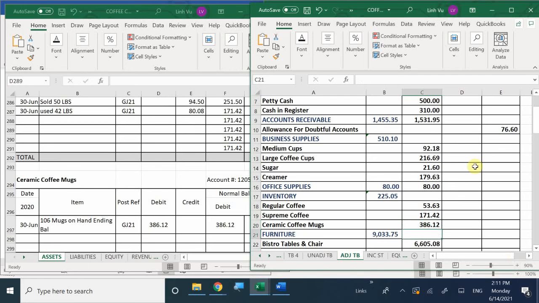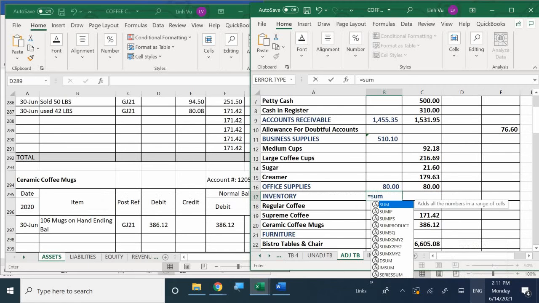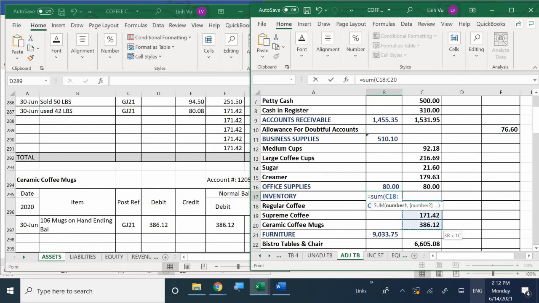So in this case, my formula for my inventory is now going to change because I have one more inventory item to add, and that's my ceramic coffee mugs. Therefore I should have a total of inventory to be $611.17. Okay, because I added a new inventory item in there, I need to calculate that as part of my inventory.